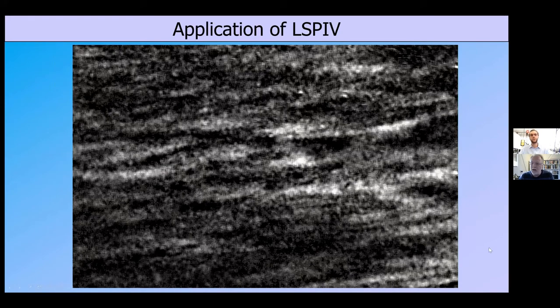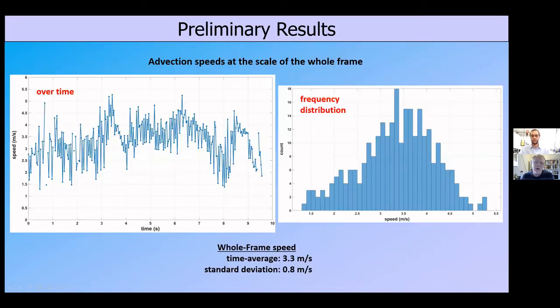So that's where I'm largely at right now. I've been able to look at the advection of the streamer patterns on the scale of the whole frame, and that has already shown me some variable advection speeds between about 2 and 5 meters per second. We can then also do histograms of that to get some idea of the distribution of advection speeds over time.